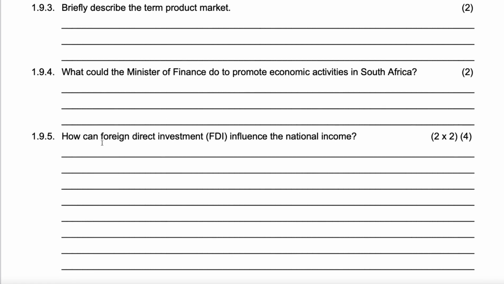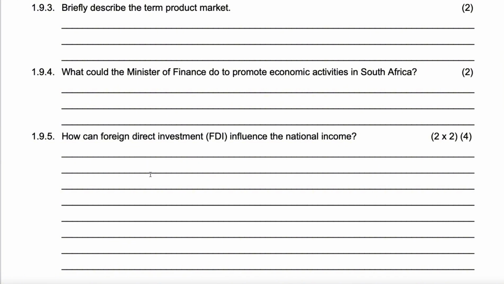Then how can foreign direct investment influence national income? Well, this is investment. First and foremost, foreign direct investment or investment by itself is an injection to the economy. So foreign direct investment definitely increases production capacity. It gives opportunity for economic participation.